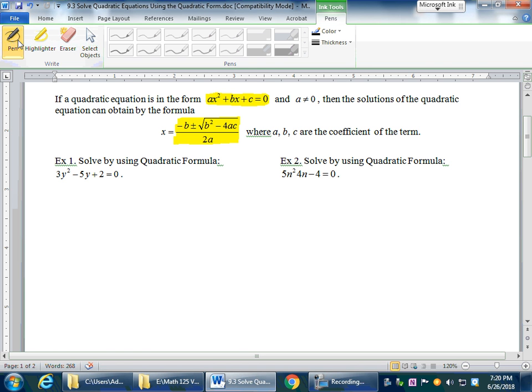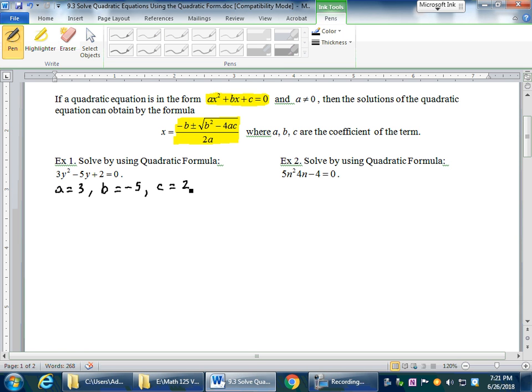3y squared minus 5y plus 2 equal to 0. It is already in general form. Therefore, I know that my a is equal to 3, my b is equal to negative 5, and my c is equal to 2.